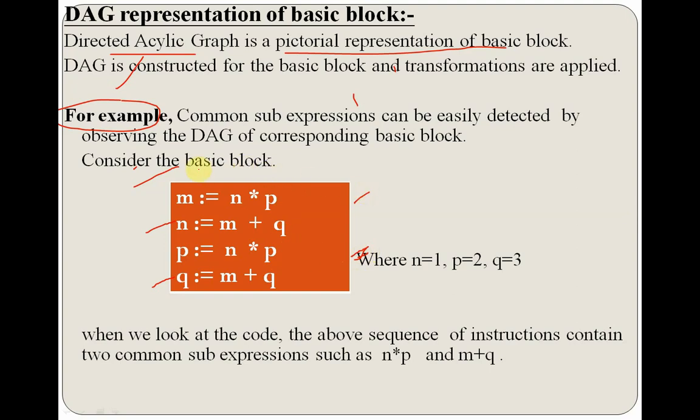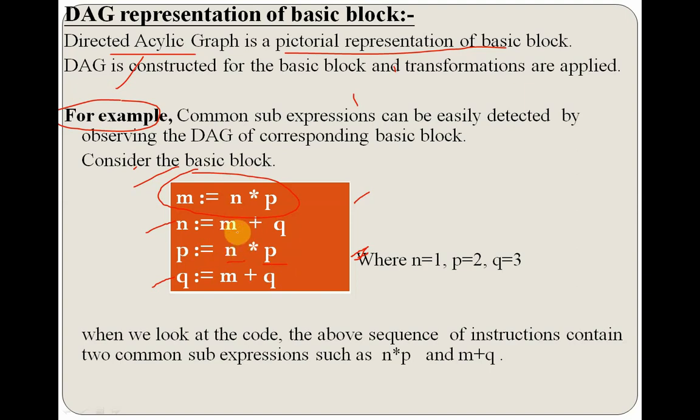Since the first statement, the variables in this expression n into p must not be changed for n into p to be a common subexpression that can be eliminated. If we observe here, within the second statement, the n value is going to be changed. So n into p is not a common subexpression.